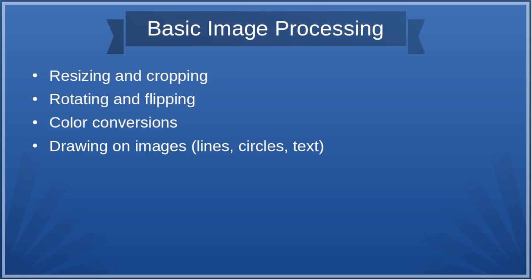Next, we are going to see basic image processing. Normally basic image processing is like resizing the image, like reducing the dimensions, width and height, and cropping, like cutting a particular portion of the image, and rotating and flipping, color conversions. Okay. And other things like drawing lines and circles or adding text.